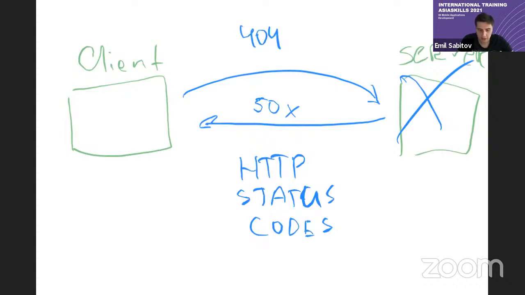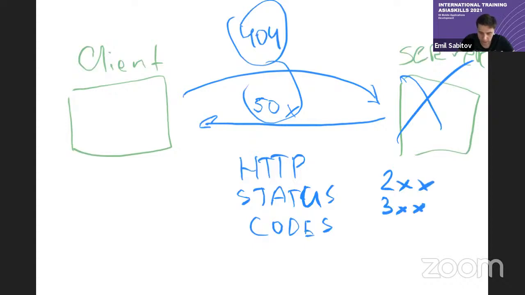And for many errors, we've got these numbers that help us to divide server logic on our backend or on our device, to know what happened during this connection. We've got some groups of status codes: 200, 300, 400, and 500 status codes.